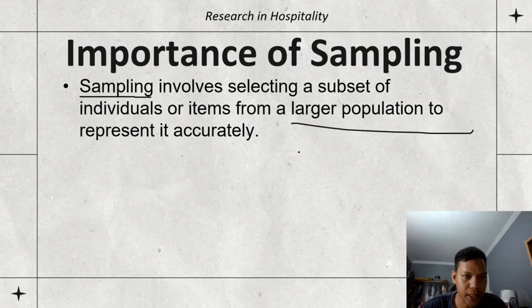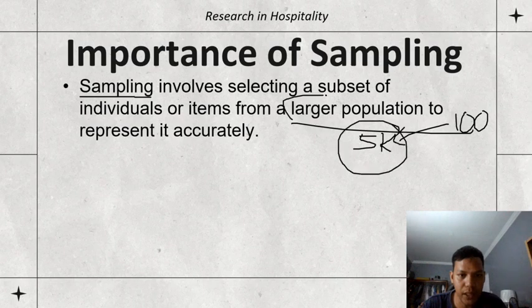Sampling involves again selecting a subset of individuals or items from a larger population to represent it accurately. So instead of having 5,000 respondents, you need to have only, for example, 100 respondents. That will represent the 5,000, or what we call the larger population.